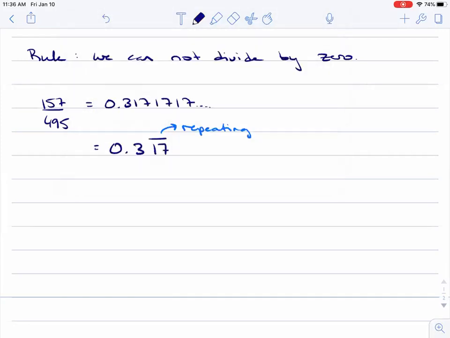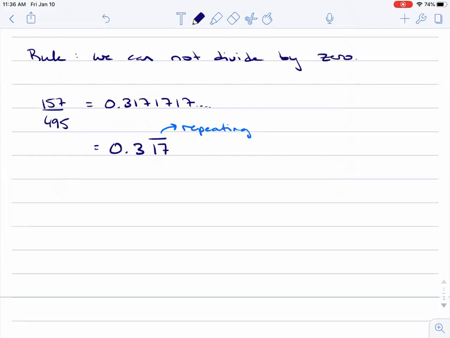Or usually what we end up doing, almost automatically, is we just round it. My main concern is that it's really important to show that you've rounded it, because the exact number is 0.317 repeating. If we round this to 0.32, that's an approximation.